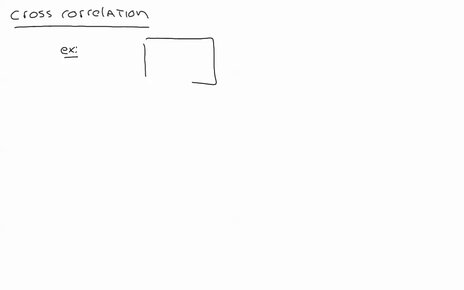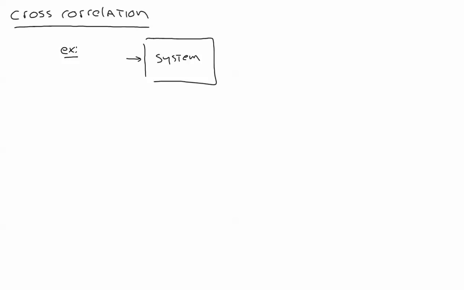So, cross-correlation. For example, maybe I'm interested in this. Maybe I've got some sort of system. Might be a linear system, might be a nonlinear system, who knows. Just some sort of electrical system.